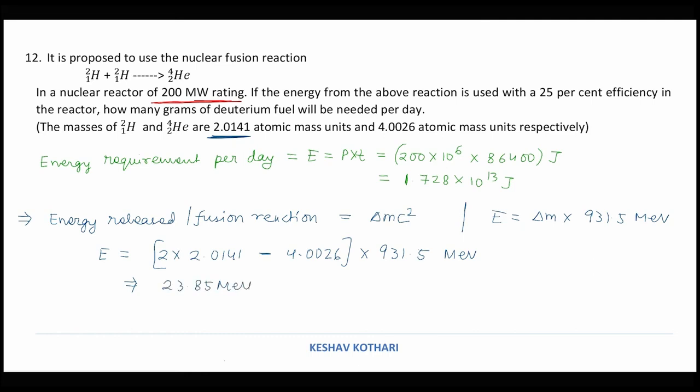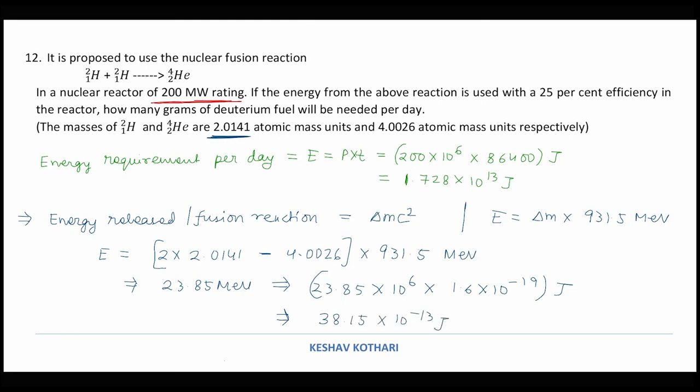On conversion into electron volt and then into joule, we write 23.85 into 10 to the power 6 multiplied by 1.6 into 10 to the power minus 19. On calculation, we obtain this as equal to 38.15 into 10 to the power minus 13 joule.